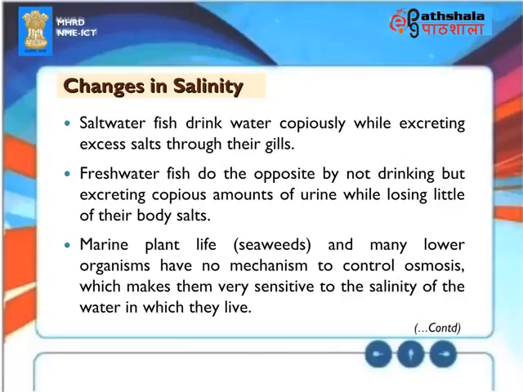Freshwater fish do the opposite by not drinking but excreting copious amounts of urine while losing little of their body salts. Marine plant life, seaweeds, and many lower organisms have no mechanism to control osmosis, which makes them very sensitive to the salinity of the water in which they live.